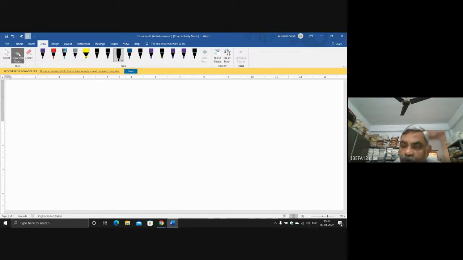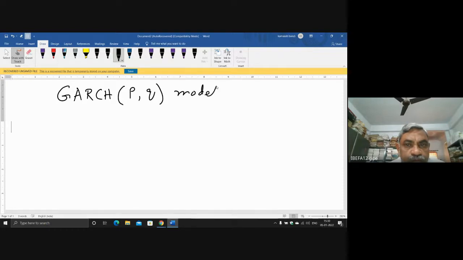So now we move to the GARCH model. An ARCH model will have only one parameter, that is Q. Don't write this down, I'm just repeating. So y equals mu plus epsilon t.